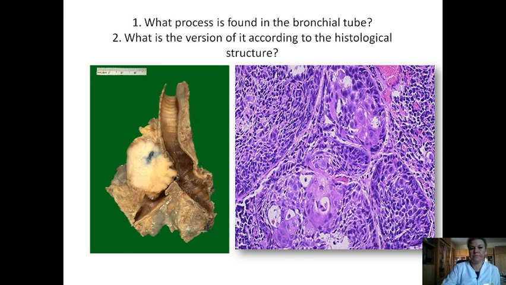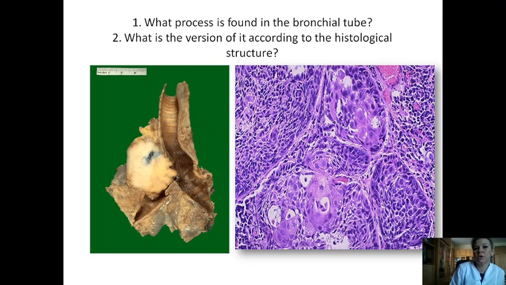Questions. In those pictures, you can see in the left side anatomical changes in the bronchial tube, and in the right side, you can see histological changes. What process is found in the bronchial tube?